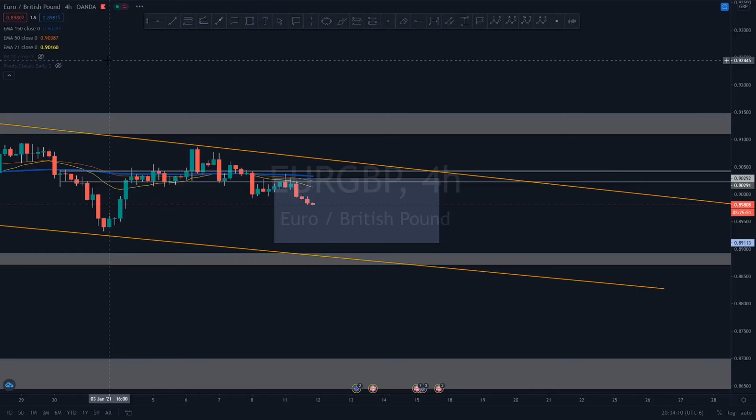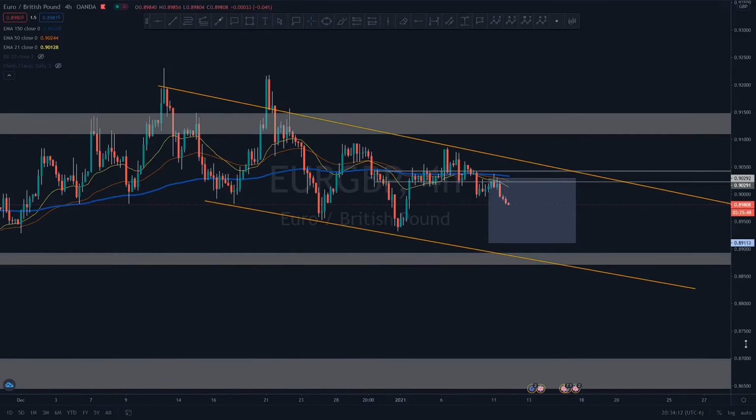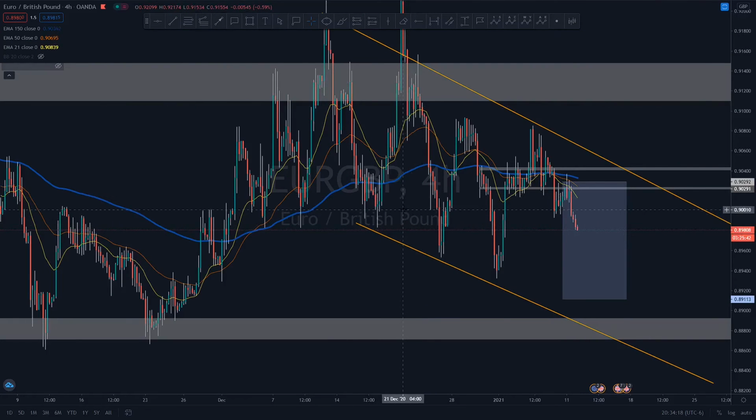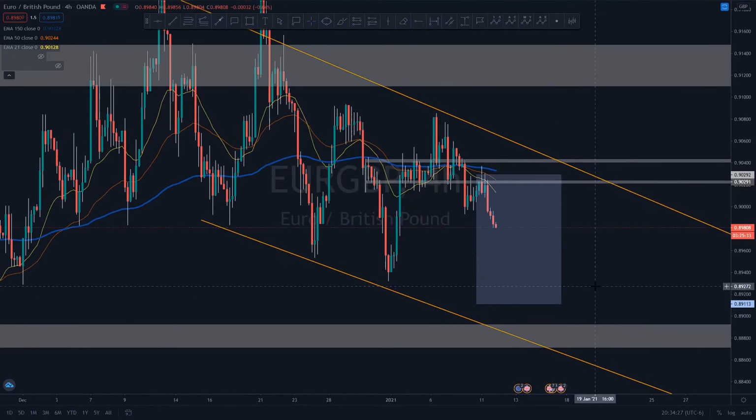This is how you do top-down analysis as well. You break it down from a higher time frame, go down to the lower, get the structure right, get your support resistance lines right, and you know what I'm saying. So, boom, I found the market direction on the daily, then I came down to the 4 hour.